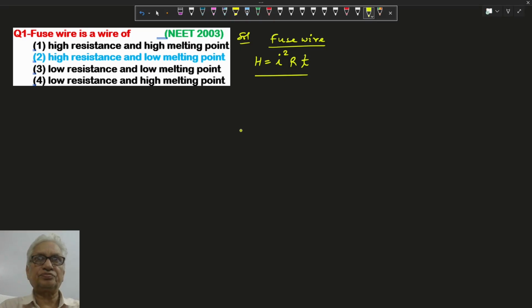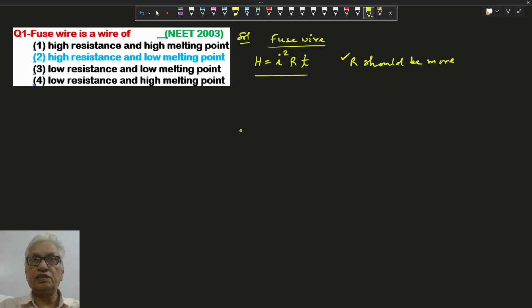circuit. It means the current is more than the rated value, a little bit more. The time is there, and the resistance should be more, so the heat is more.